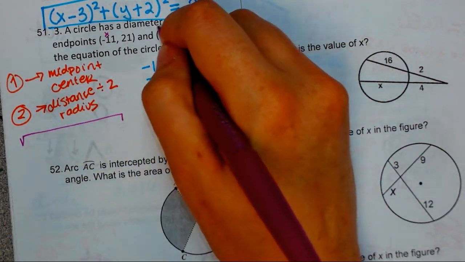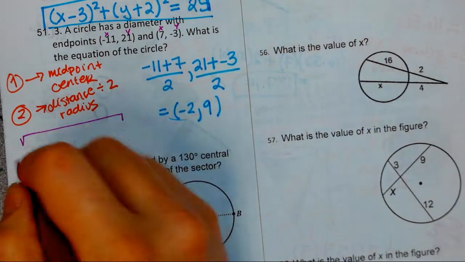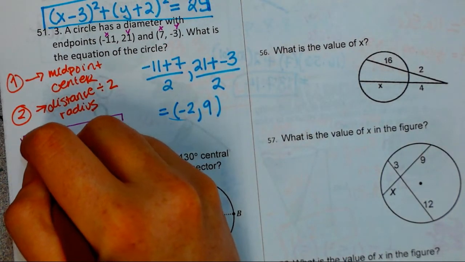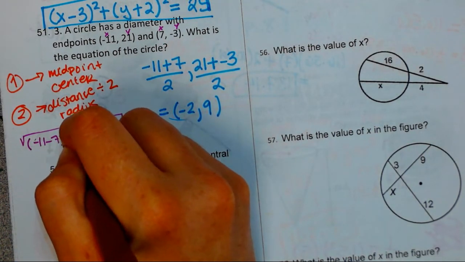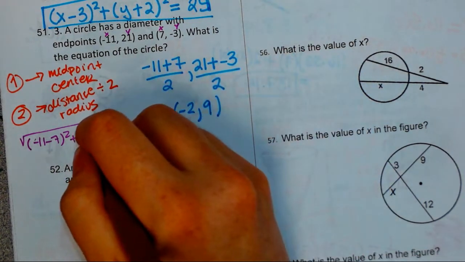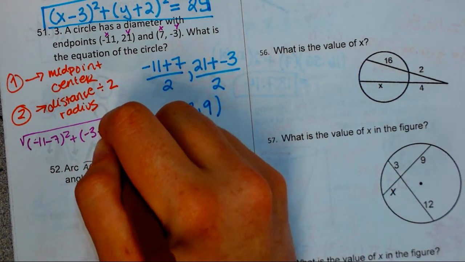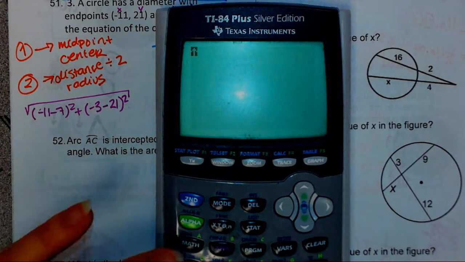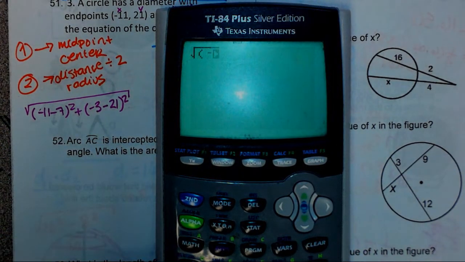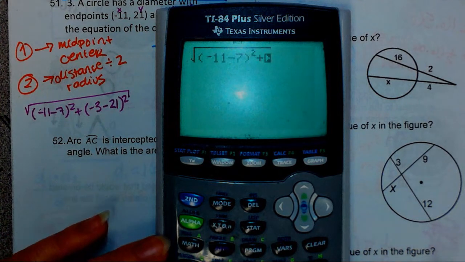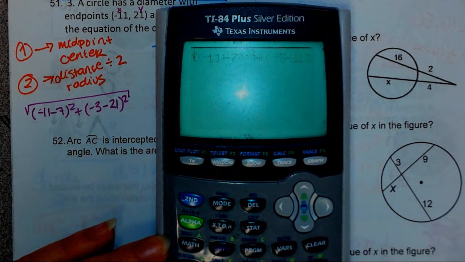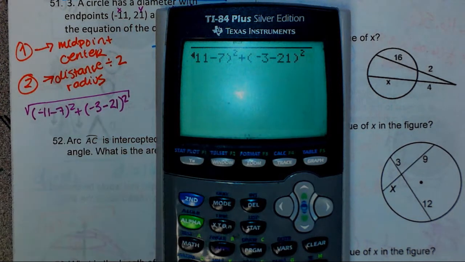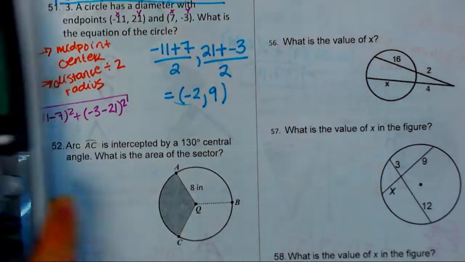So it would be negative 11 minus 7 squared plus negative 3 minus 21 squared. Alright, now I can type it into the calculator just like that. Negative 11 minus 7 squared plus negative 3 minus 21, close parentheses, squared, and that's equal to 30.